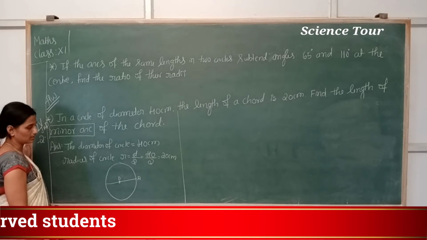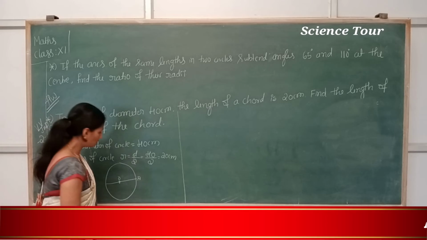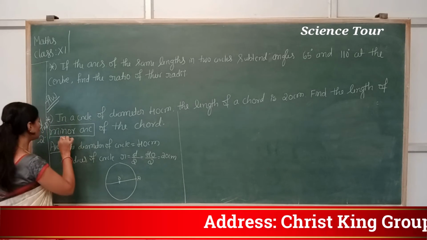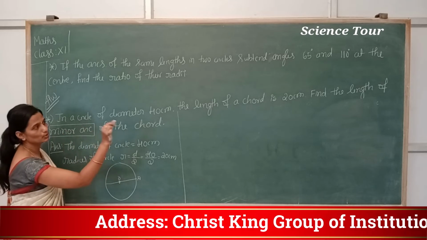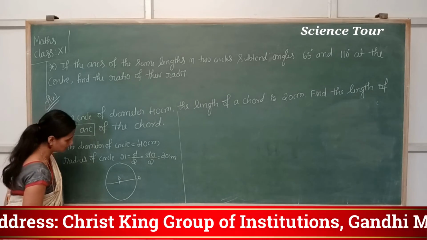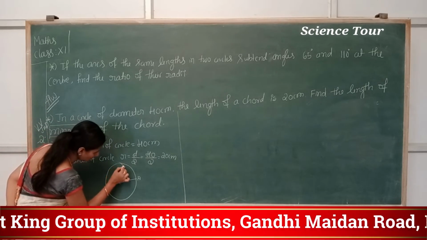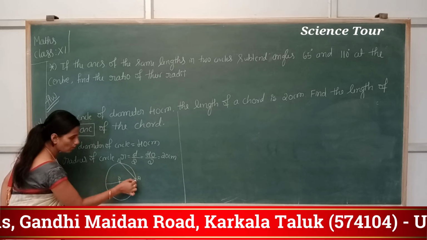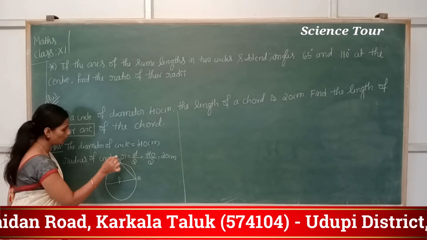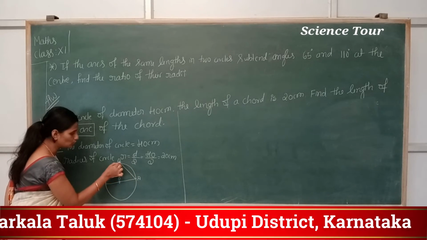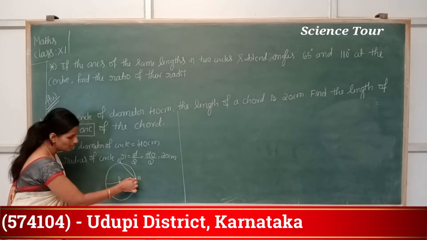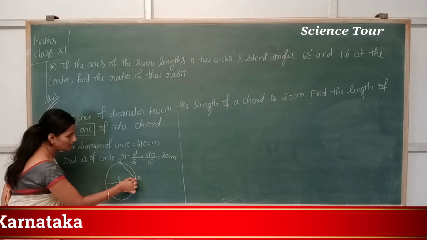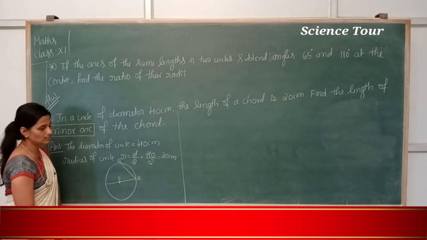Now next I draw the chord here. The length of the chord is given, 20 centimeter. So I draw the chord like this. Is AB a chord of a circle? Yes, because it intersects 2 points on the circle but does not pass through the center, correct? So AB is a chord of a circle.